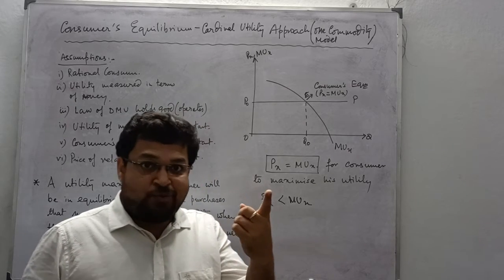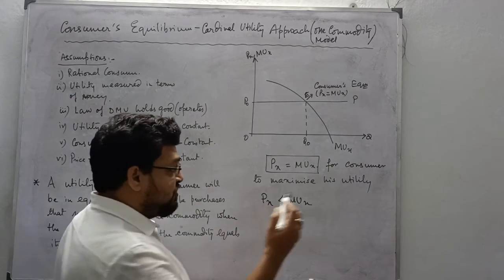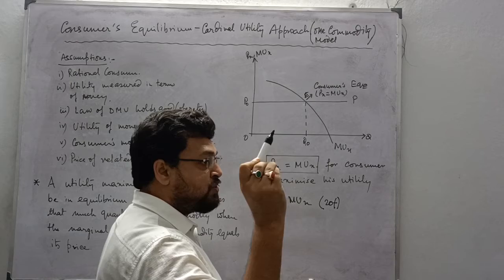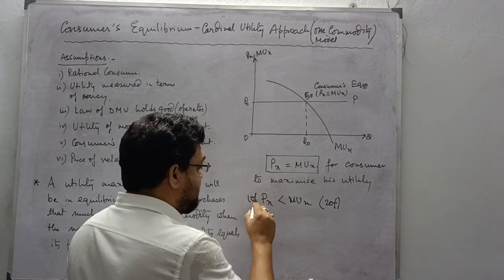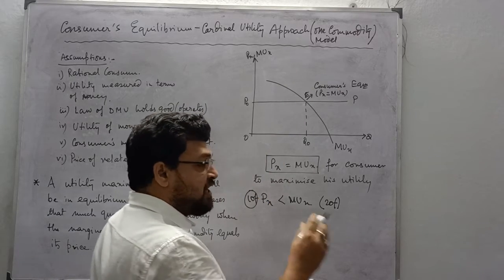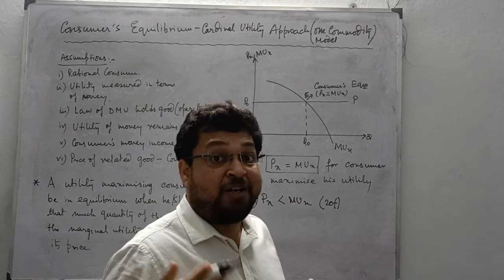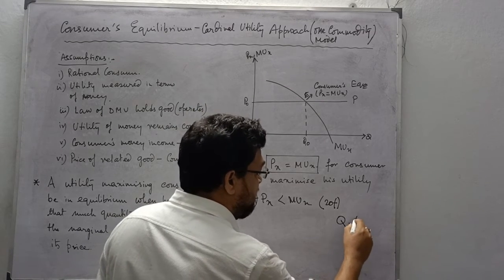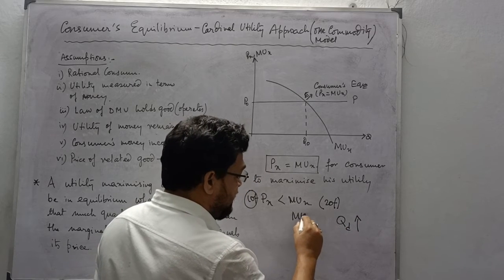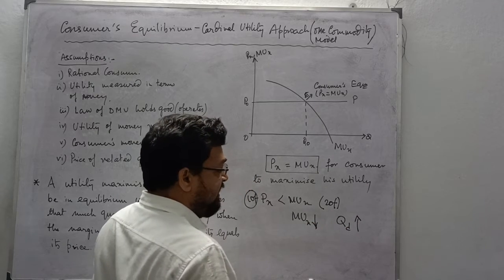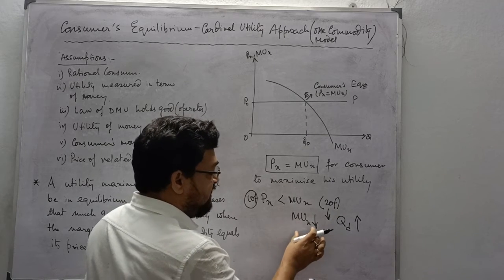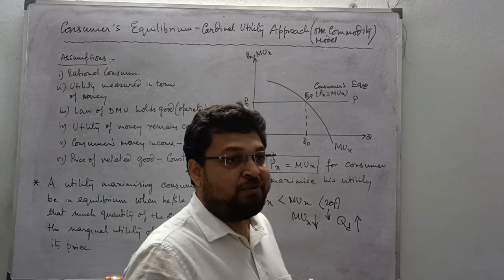Suppose your marginal utility from this pen was 20 and the market price is 10 rupees. So you start purchasing more, you demand more, and as your quantity demanded increases, this marginal utility starts decreasing and this 20 starts dropping, and it reaches somewhere after certain units consumed, 2 units, 3 units, 4 units.